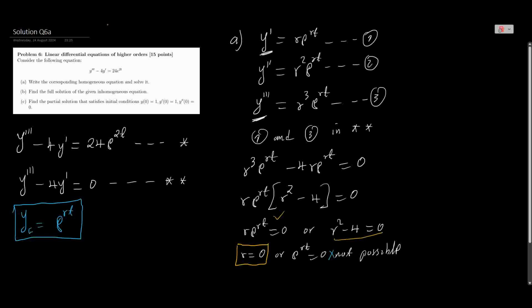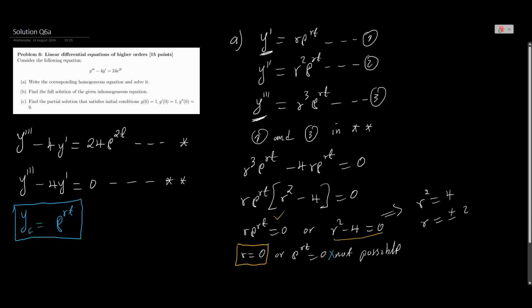Now, in order to get the other two values of r, because this is a third degree differential equation, it has 3 solutions. So r squared should be equal to 4, which implies r should be equal to plus or minus 2.